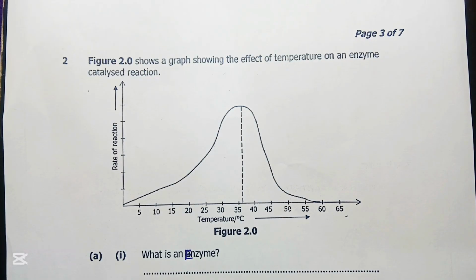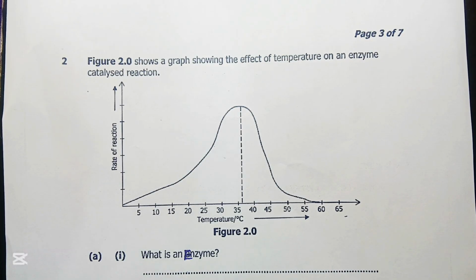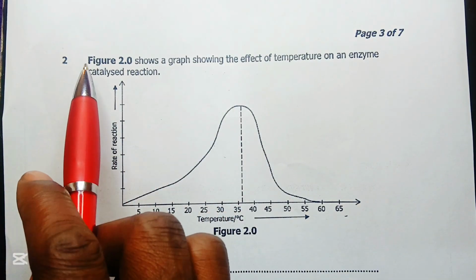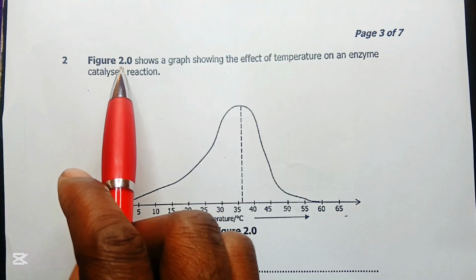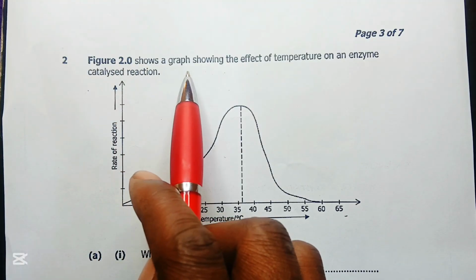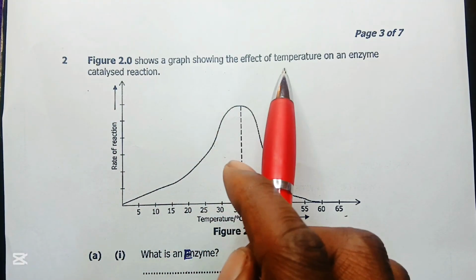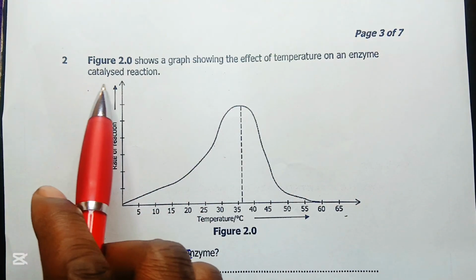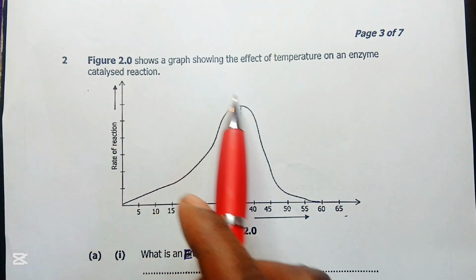In today's lesson, we are looking at a question which came in Biology Paper 2, Question 2, under enzymes. It says: Figure 2.0 shows a graph showing the effect of temperature on an enzyme catalyzed reaction.